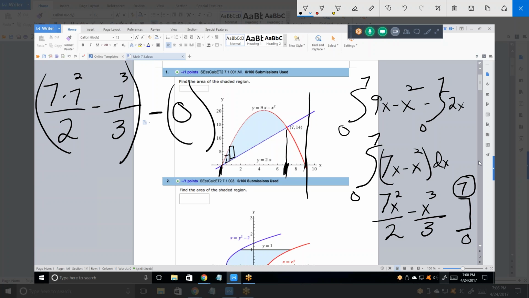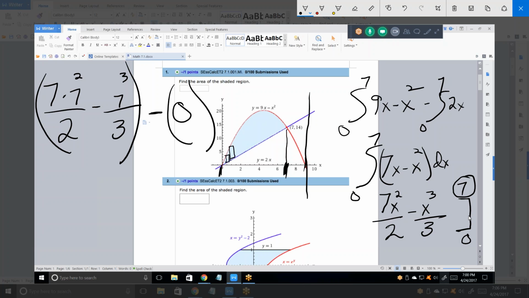You understand? In other words, we've got two sets of subtraction going on here. We got the first one where we subtract this from this, and then we got the second one where we subtract the whole thing evaluated at x equals 0, the bottom limit of integration.